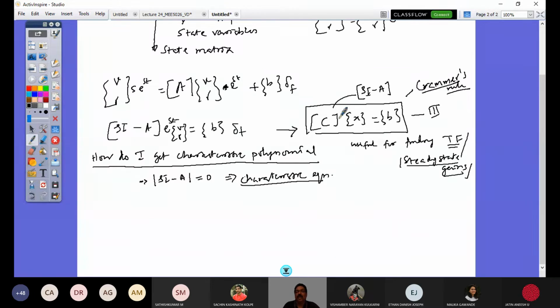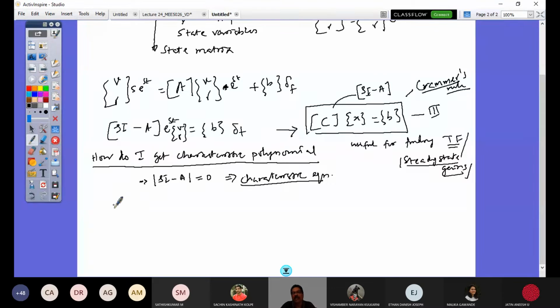Making the polynomial equal to 0 is what is the characteristic equation. For that, let me find out this determinant. I have my A matrix, the state matrix, already derived in the previous lecture. Let us look at what we derived.